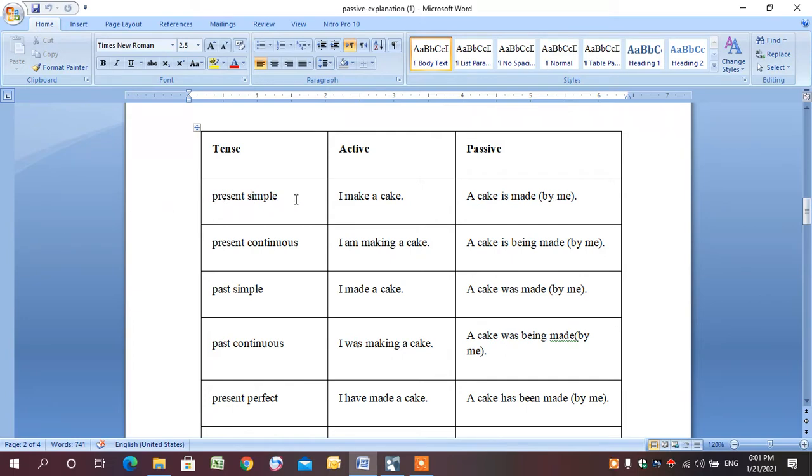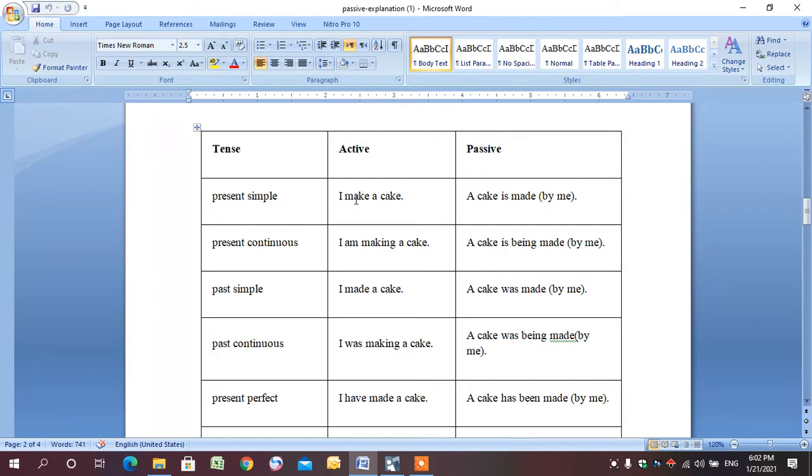Present simple: I make a cake. It's an active sentence. Why? Because I have a subject, verb, and an object. In the passive, we have to start with the object, so a cake. And then I put the verb to be in the same tense as the verb in the sentence.